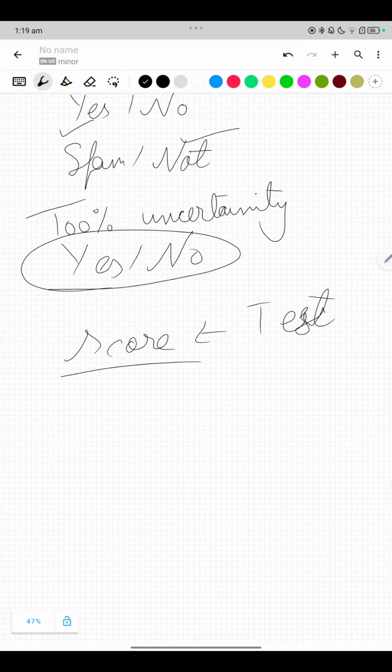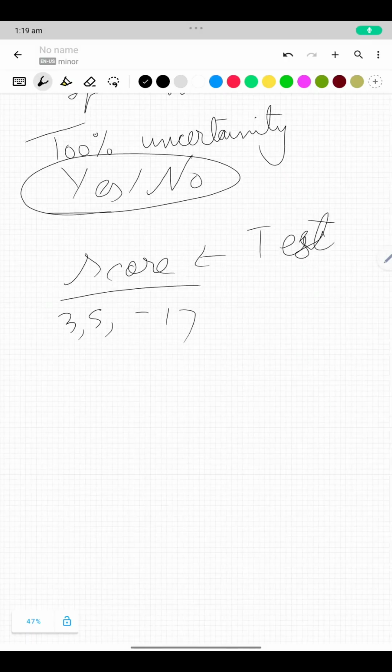So they can give you outputs like 3, 5, minus 17, right? But what are these numbers? These are certain values. They are not probabilities, right? They can even be negative, go above 1, right? Let's just say that the range is minus infinity to infinity, right?